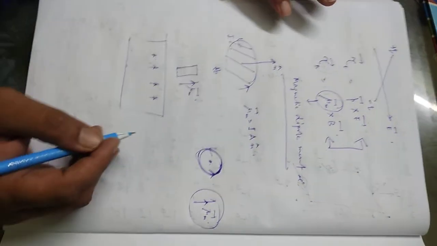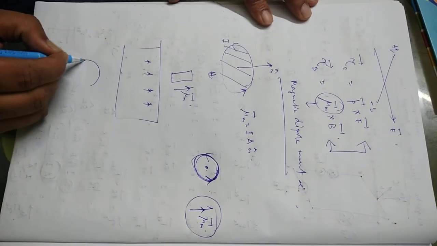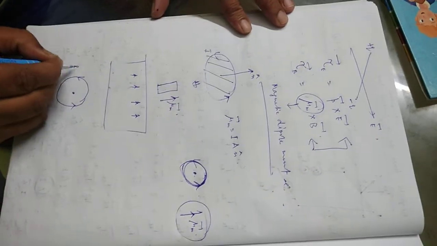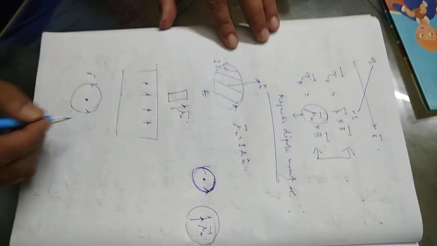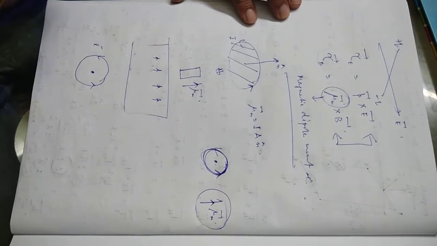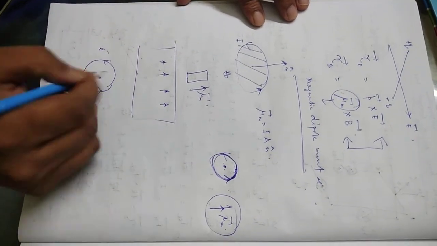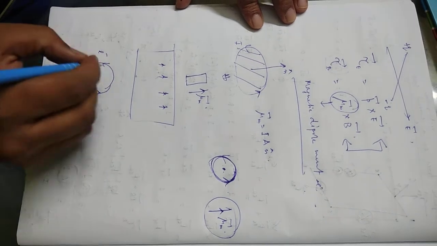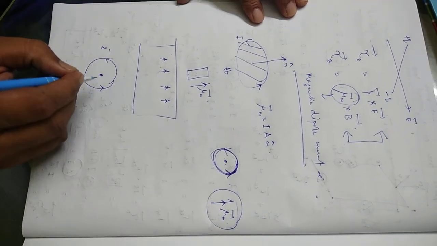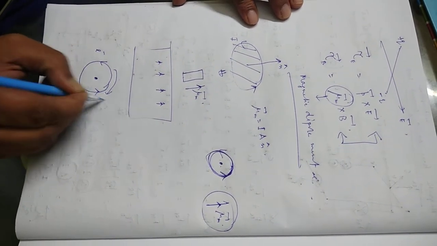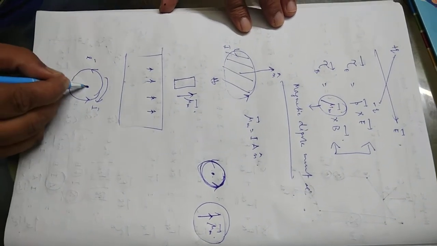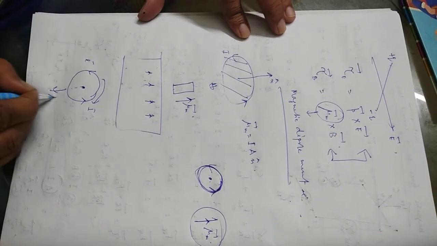Now let's take a real example. Let's say there is a nucleus and an electron rotating around that nucleus. Let us calculate the magnetic dipole moment due to the flow of this electron. This electron is rotating along this direction, so current is flowing along this direction, and the magnetic dipole moment is in this direction.